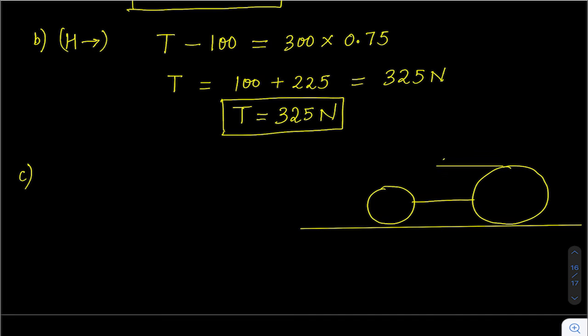Now when you apply brakes on the car, obviously some force is acting backwards in the left direction, right? So this is my 900 kg car, this is my trailer 300 kg. Now the resistance is the same, this is 100 newtons, this is 200 newtons. Now a thrust force is also there.